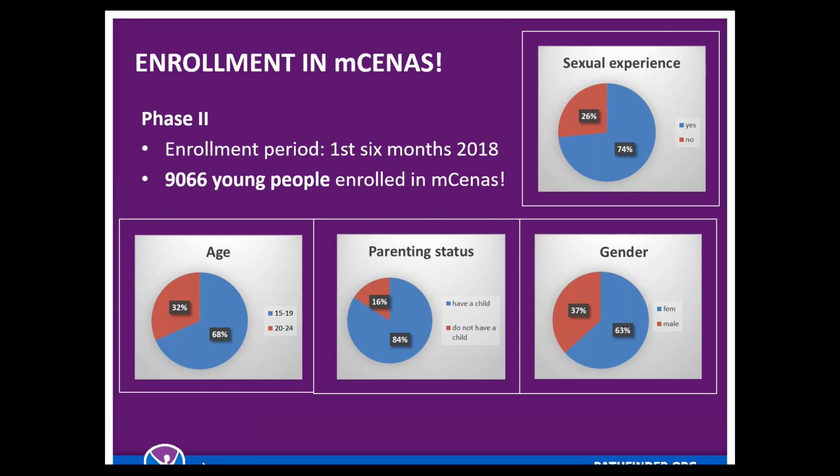Most of them are parenting, and we continue to have females as most enrolled, and most of them also had sexual experience. So it also shows a great opportunity and need of information and services for sexual and reproductive health.